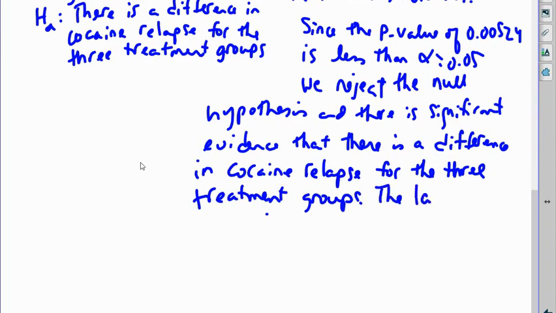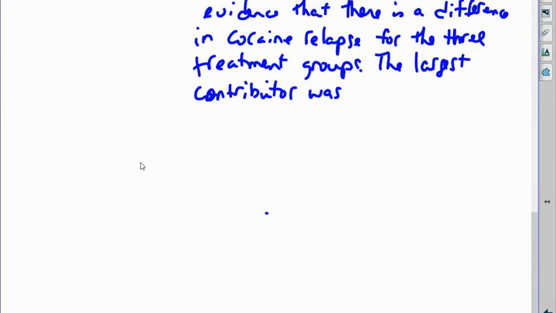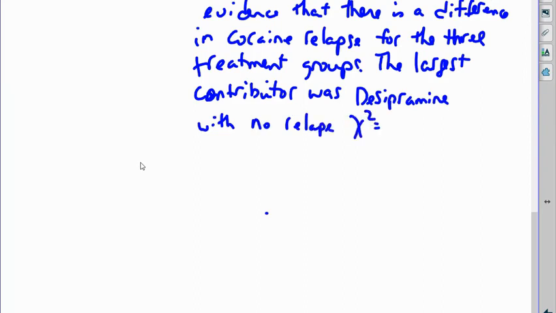The largest contributor was desipramine with no relapse, chi-squared equal to, let's see, that was 4.5.